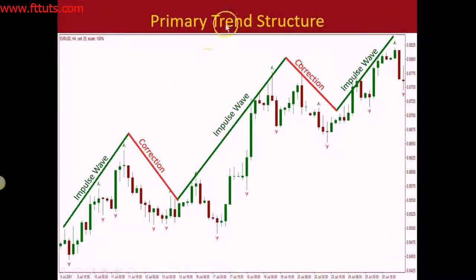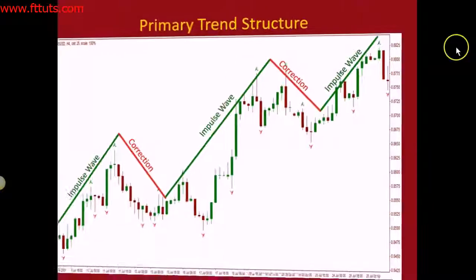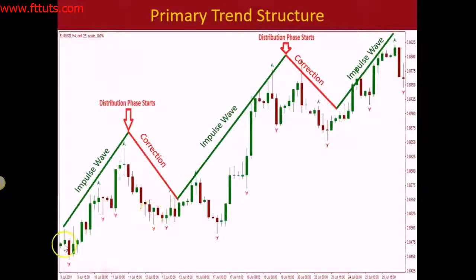So looking at a primary trend, based on the structure, you have your impulse wave, then you have your correction, you have your impulse wave, correction, and then impulse wave. And with that, you have your distribution phase at the top here that starts the correction. Then you have your impulse wave with your distribution phase again that starts the correction.